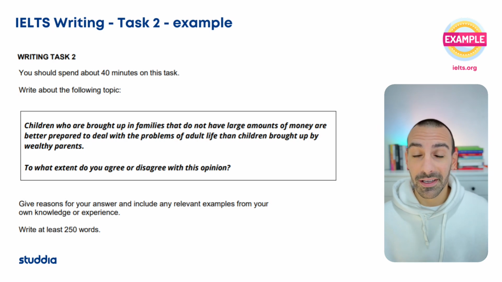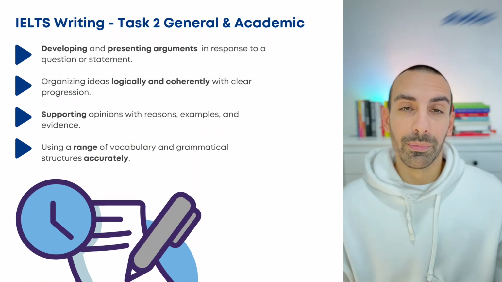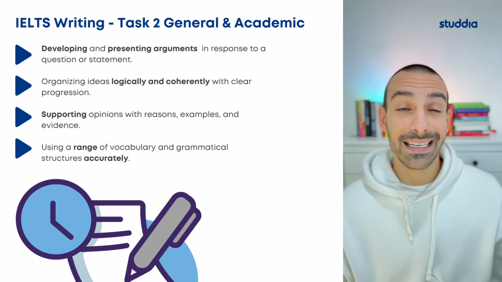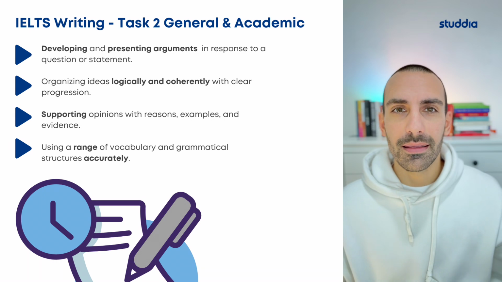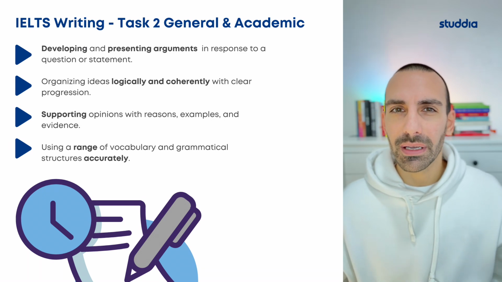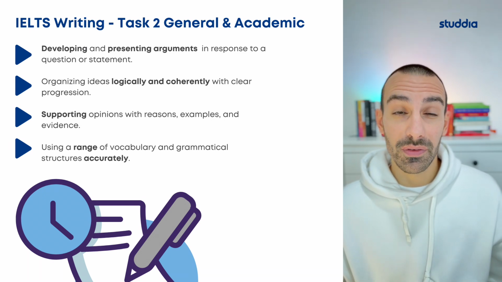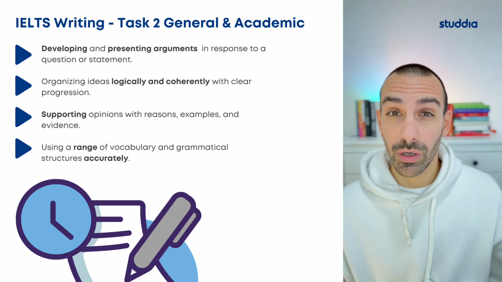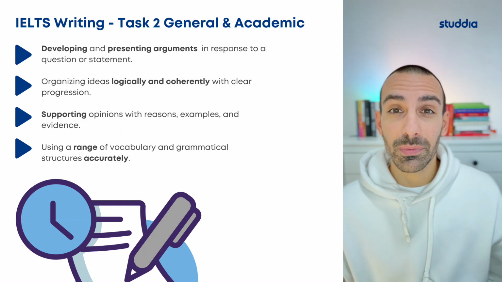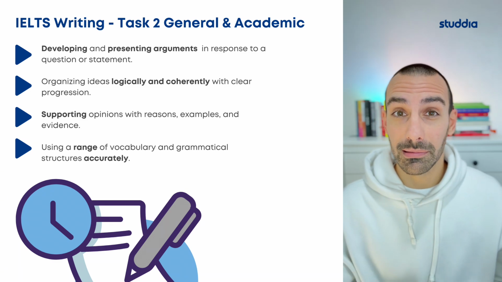What do you need to do here since you're asked to write a minimum of 250 words? Well, your job here is to write an essay. In this essay, you will develop and present arguments in response to the statement or opinion that you're given. Your ideas need to be structured in a logical manner.